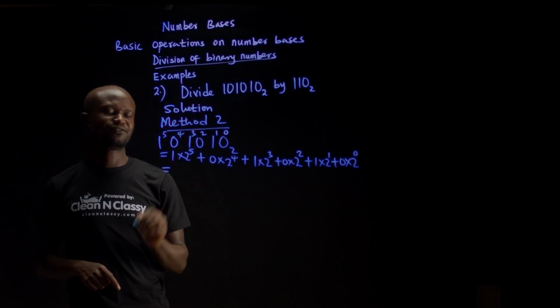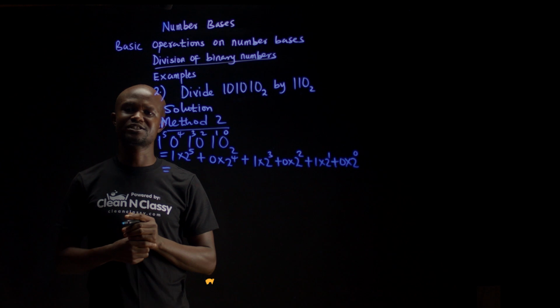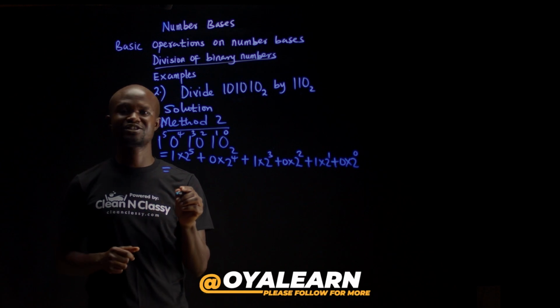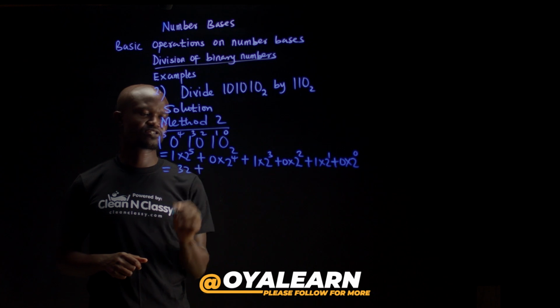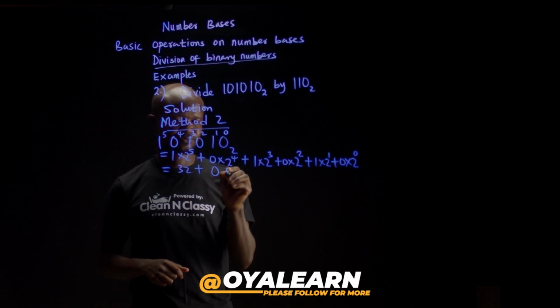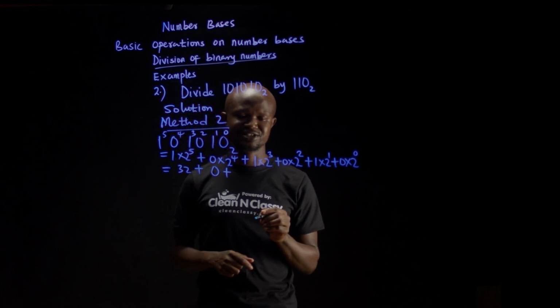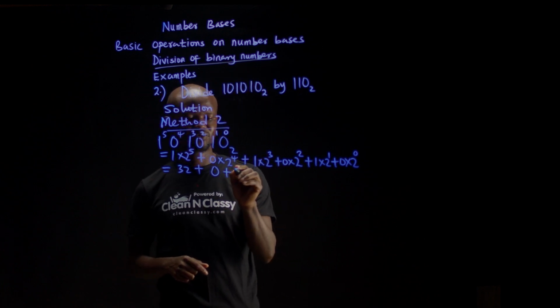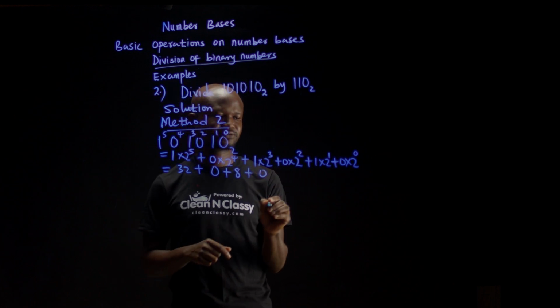Now, simplifying. 1 times 2 raised to the power 5. What is 2 raised to the power 5? That's 32. So 32 times 1, that is 32. Plus, anything times 0 becomes 0. Then 2 raised to the power of 3, that's 8. So 1 times 8, we have 8. Anything times 0 becomes 0.